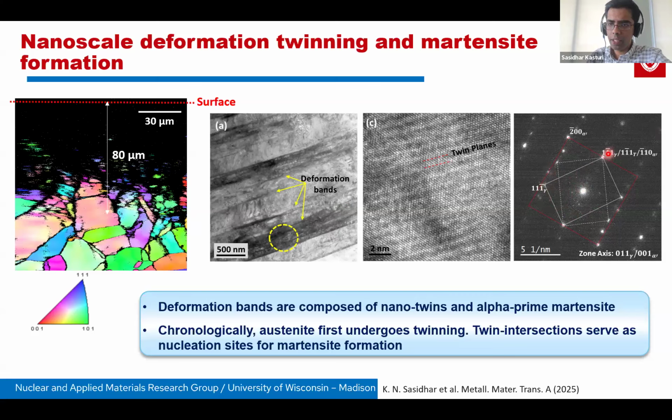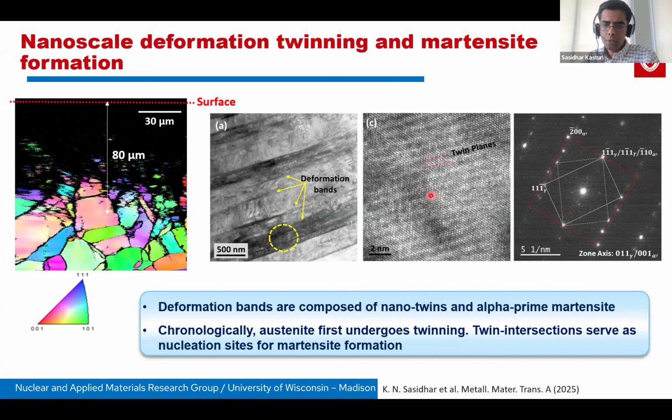So you have the reciprocal lattice corresponding to the matrix and a twinned lattice. And in addition, we also see an alpha prime martensite, the reciprocal lattice shown by the red vector basis. So that means these deformation bands in this region are composed of deformation twins and alpha prime martensite.